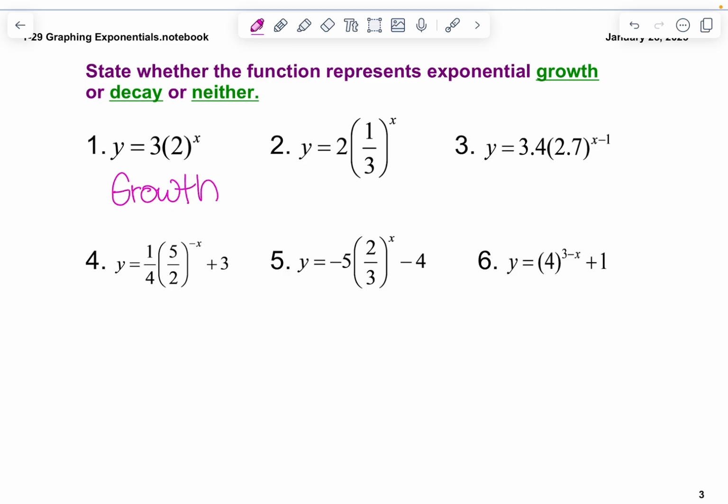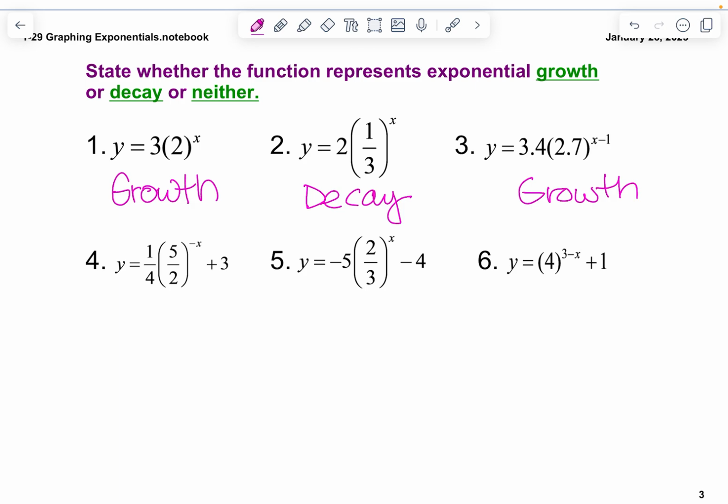In number 2, again, there's no negative in the x or in the a, so we look at the r, which is a fraction between 0 and 1, so this is decay. In number 3, we don't have a negative a, and we don't have a negative x, so we look at the r, which is 2.7, which is your base. That is bigger than 1, so that's going to be growth.